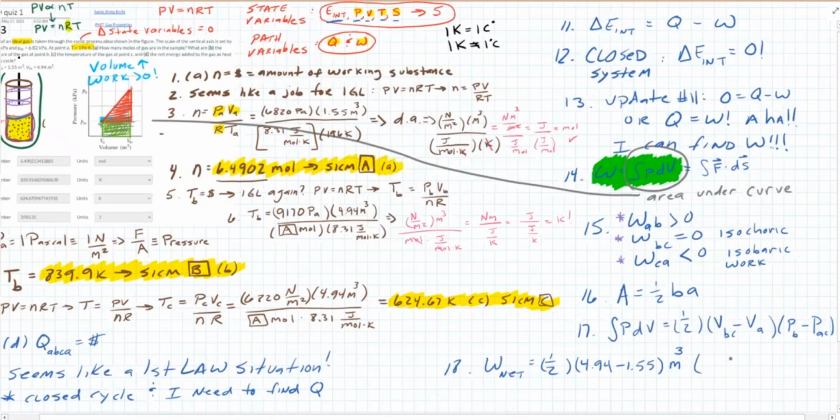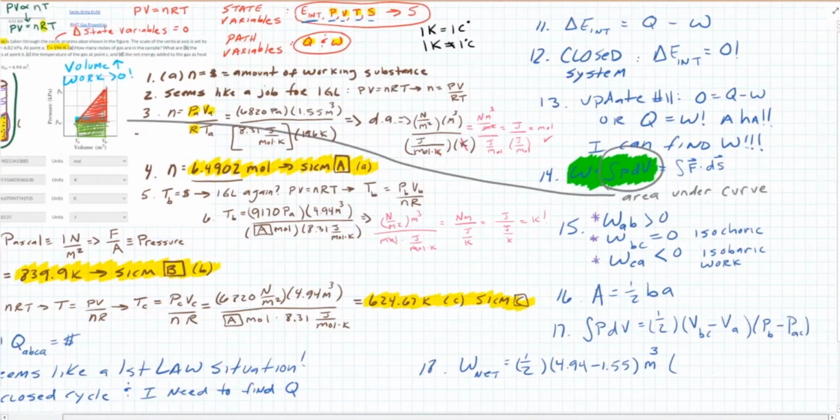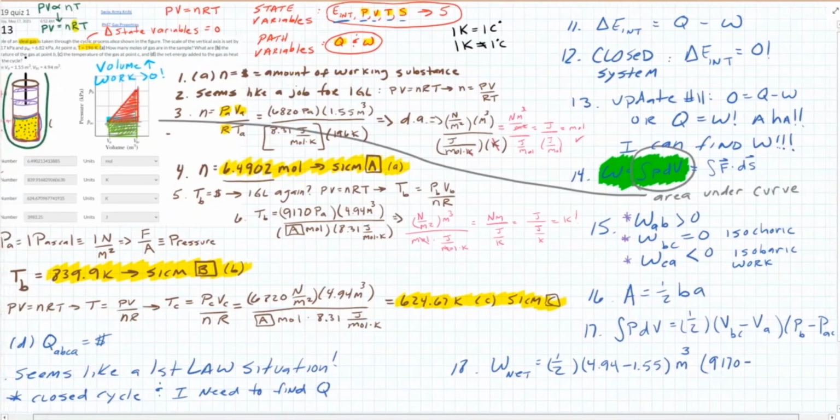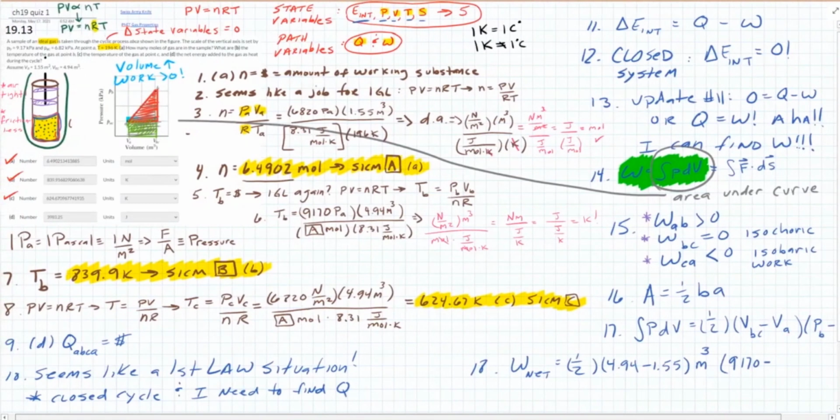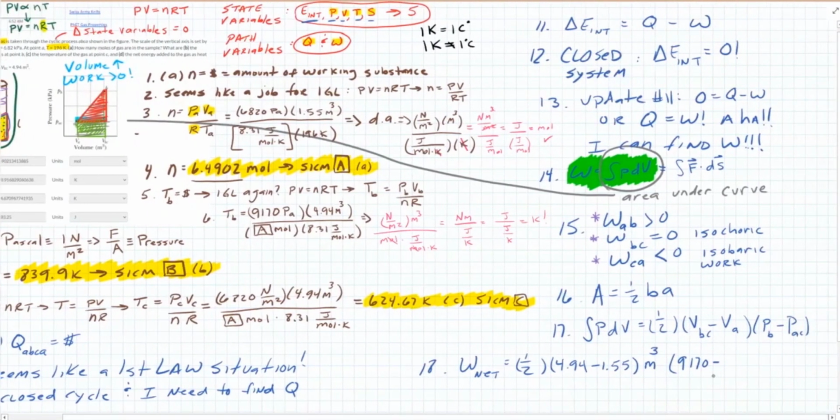The pressure at B was given, wasn't it? Yeah, 9170, minus the pressure at A, which is the same as the pressure at C, which is why it's called PAC, isobaric, which is given as 6820. They share a common unit of a Pascal. And whenever I read Pascal, I'm just going to go right to newtons per square meter.